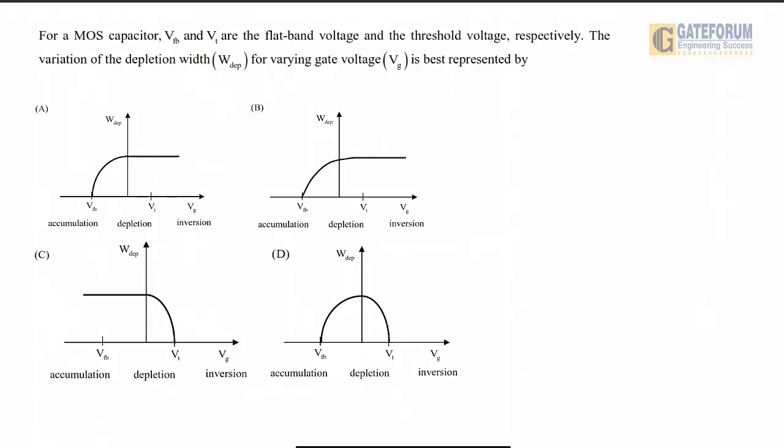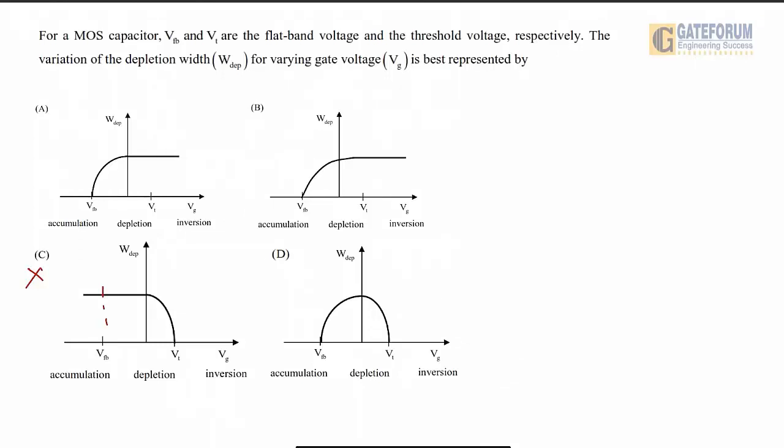And as per that point, we can say that option C is discarded here, because in the accumulation regime it is showing some part of the depletion region, but this is not the case for a MOS capacitor in the accumulation regime. Now, in which regimes is the depletion region formed? In the depletion regime as well as in the inversion regime, and how is it related to the gate voltage?